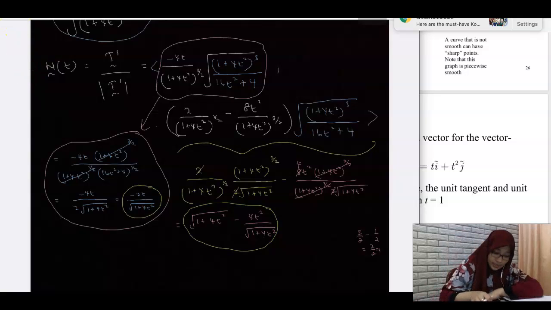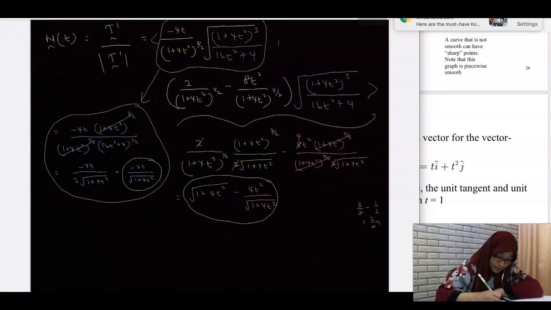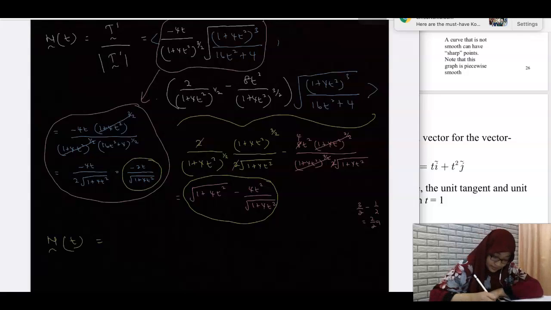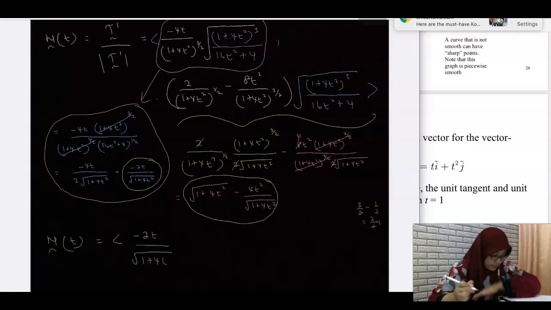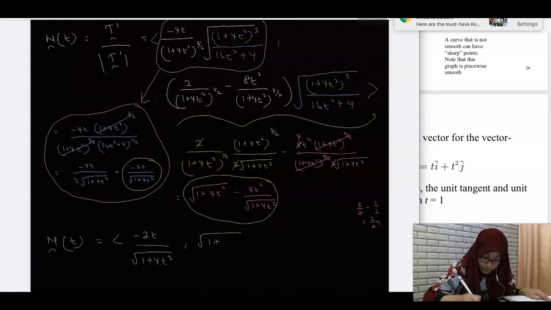Okay, so we can say that now our n is minus 2t over the square root of 1 plus 4t squared, i, plus the square root of 1 plus 4t squared minus 4t squared over the square root of 1 plus 4t squared, j.